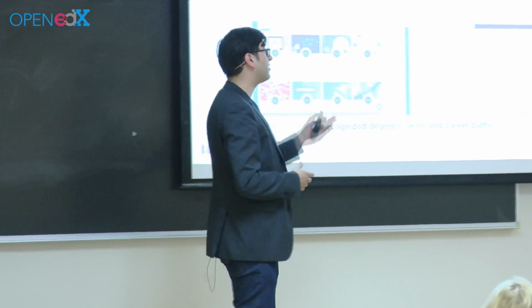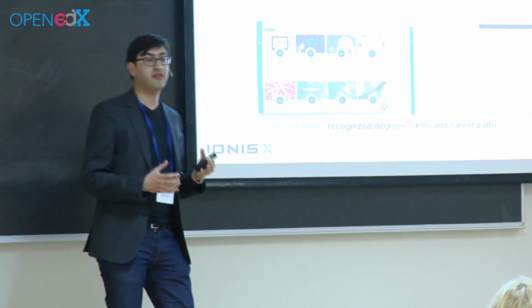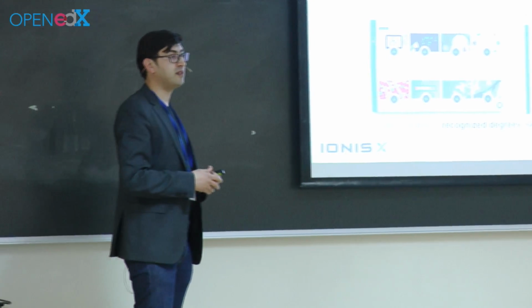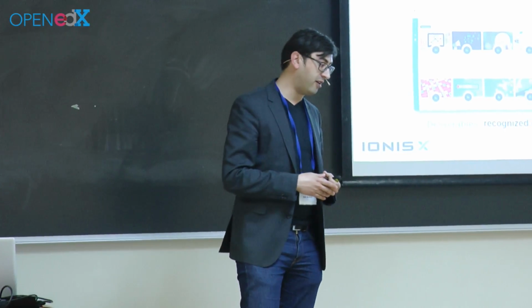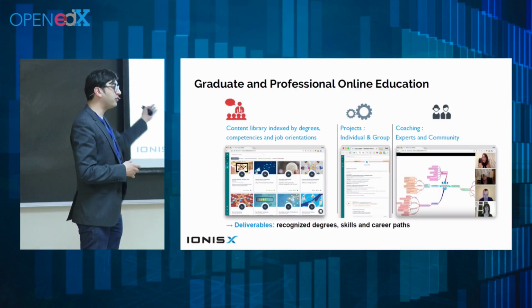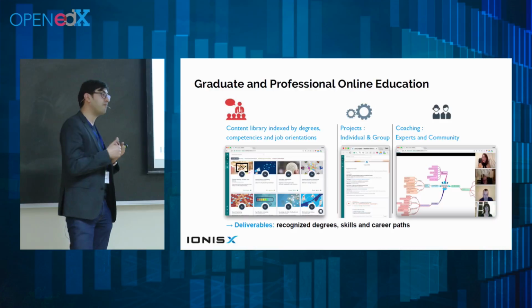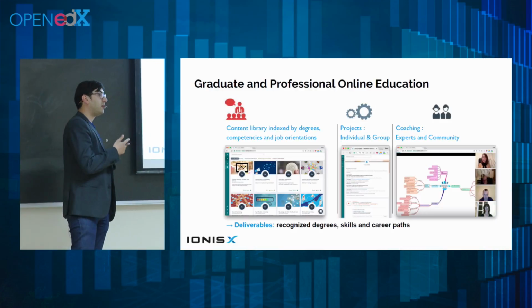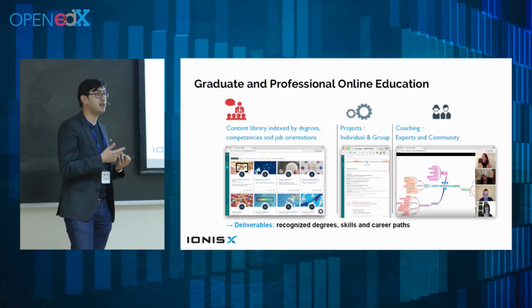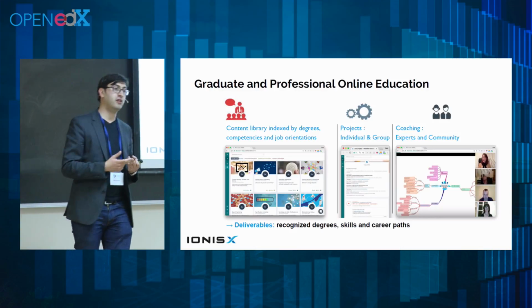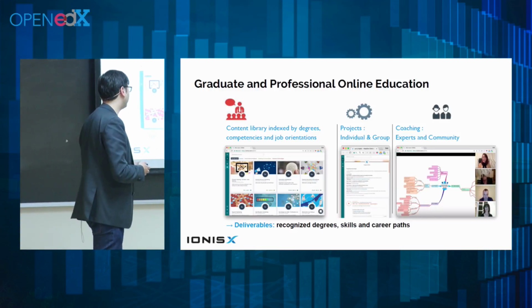And we also have, obviously, a big community of experts. And with these three elements that I think are part of any higher education institution, we are able to deliver what students, learners are looking for: recognized degree, skills, much better skills, and an actual career that you can grow towards.